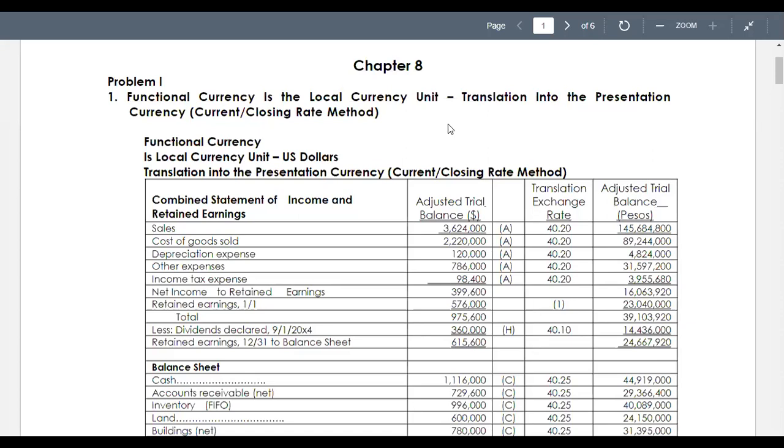Now, let's take into account your assets and liabilities which are classified as monetary. These are expressed in the balance sheet at current values, and are translated using the current or the closing rate. Okay? So monetary assets and liabilities are expressed normally in the balance sheet at current values.